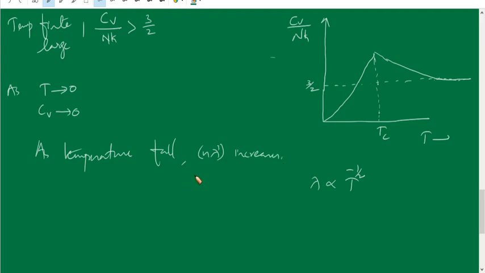Okay. So in this case, we cannot use this expression. What is that? G 3 by 2 of z is z plus z square by 2 raised to 3 by 2 plus z cube by 3 raised to 3 by 2 plus and so on. This expression will not be that useful, because this is an infinite series, no?